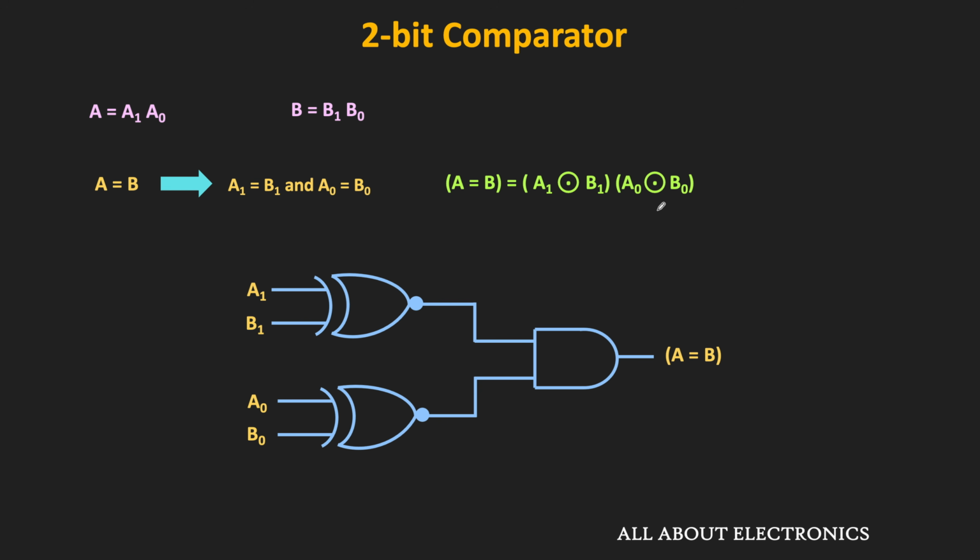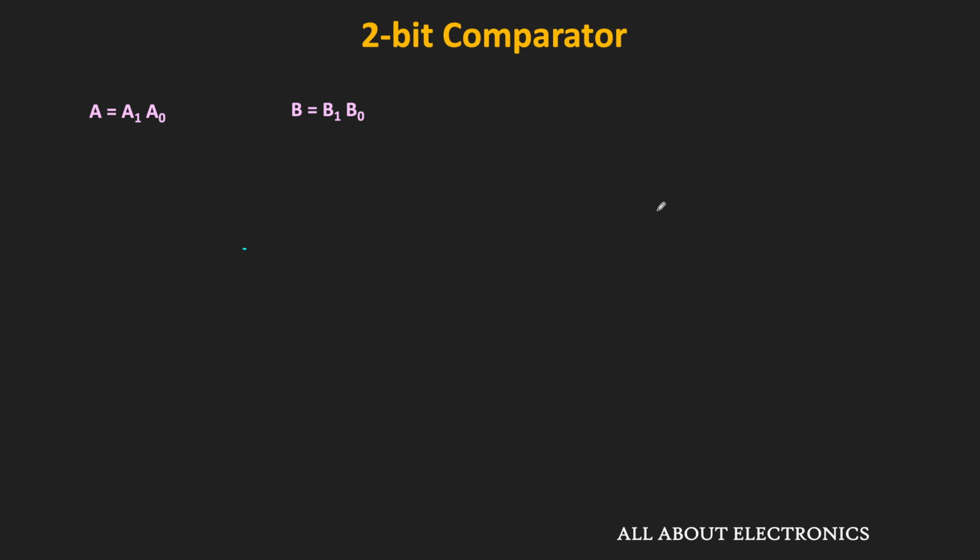Similarly, now let us see the logic circuit for a greater than b. As I said earlier, to decide which number is greater, we start from the MSB. If a1 is greater than b1, then we can say that the number a is greater than b. For example, let's say the number a is 1 0 while the number b is 0 1. If we start from the MSB, then a1 is equal to 1 while b1 is equal to 0.